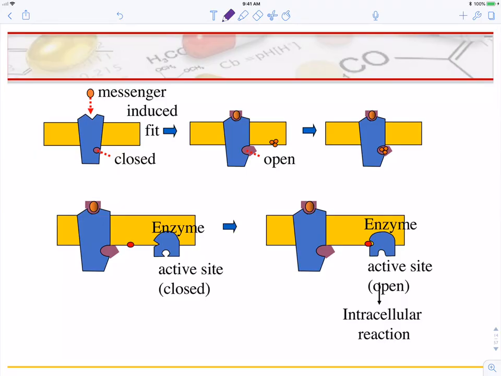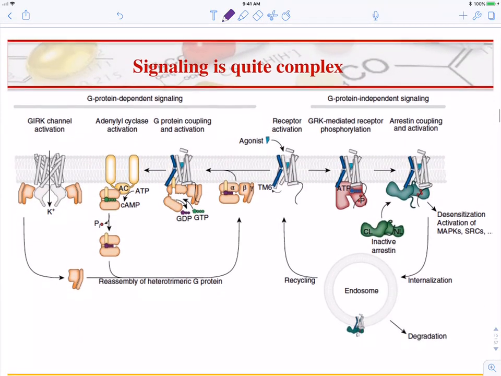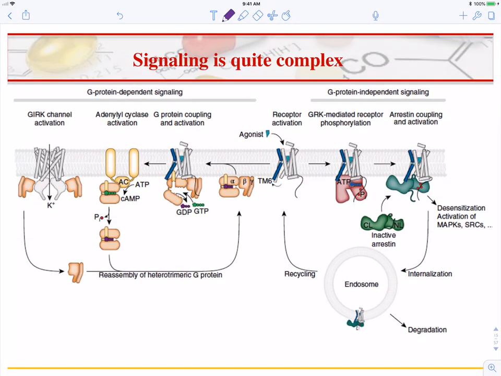So what happens in this case? In the case of G protein coupled receptors, the messenger induces a change in conformation intracellularly that then accommodates the G protein. In turn, the G protein can give out downstream signaling, for example, by breaking into subunits and then in turn activating enzymes downstream. So the signaling is actually quite complex.